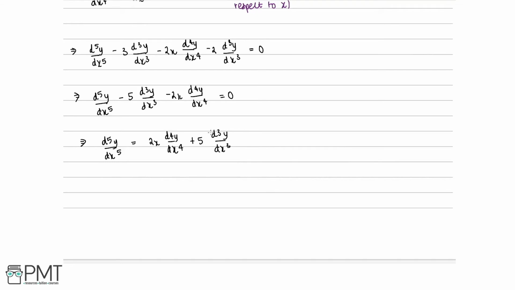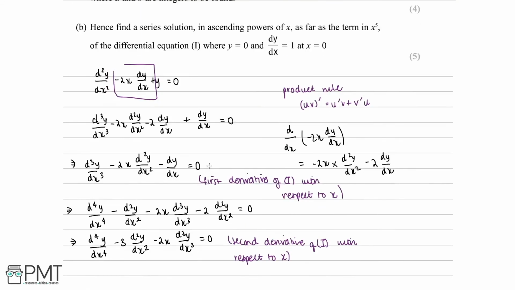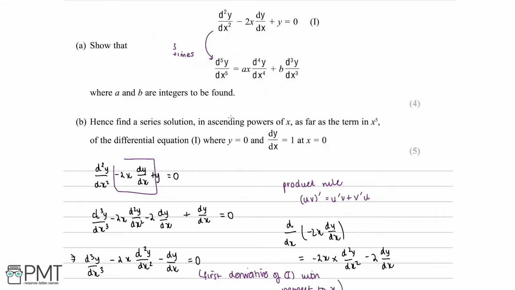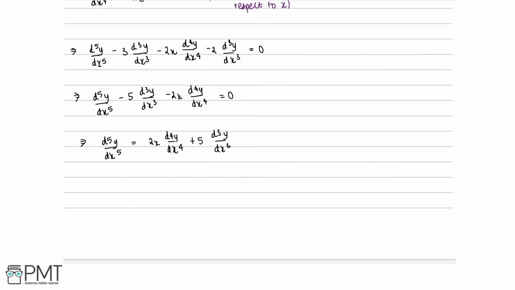And thus, if we compare our answer over here to our show that over here, we can see that a is equal to 2 and b is equal to 5. And thus, this is our answer to our show that question.